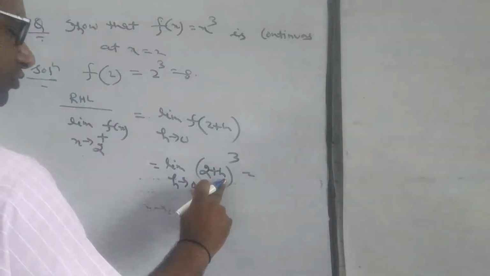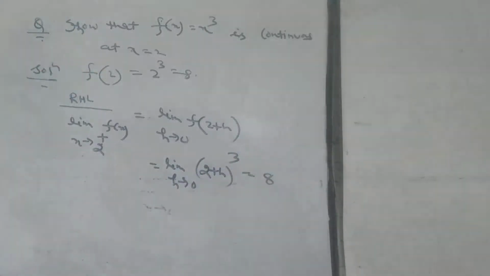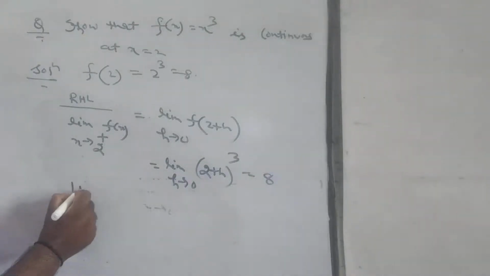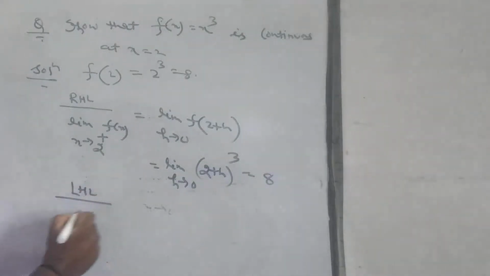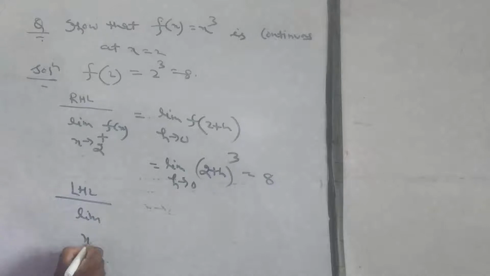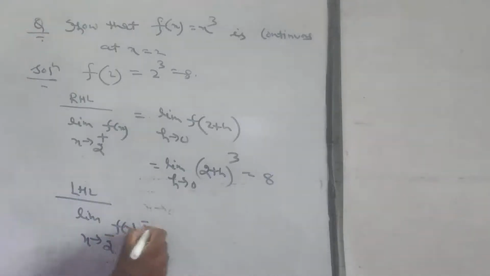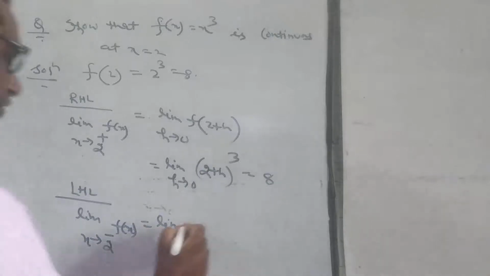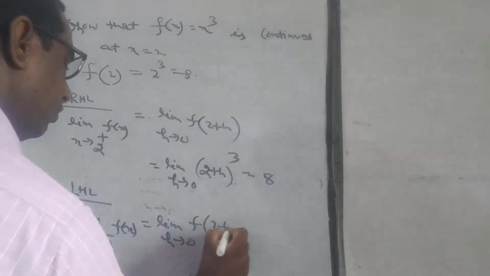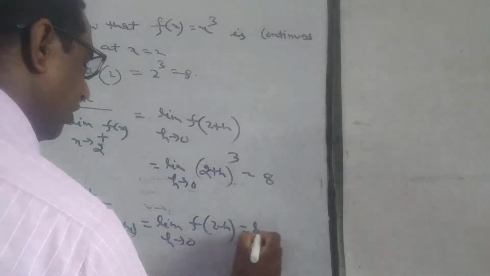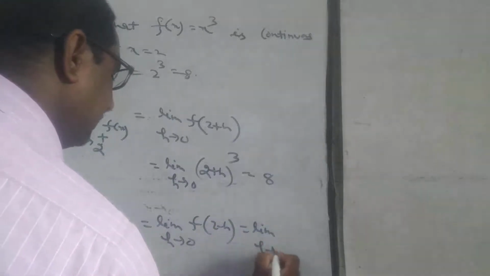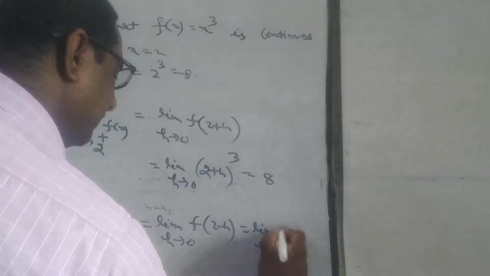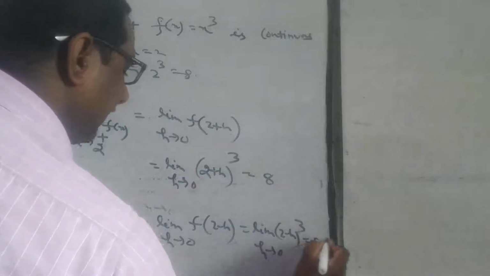Since h is equal to 0, hence it is equal to 8. Now LHL: limit x tends to 2 minus f(x) or limit h tends to 0 of f(2 minus h) or limit h tends to 0 of (2 minus h) whole cube. So this is again 8.